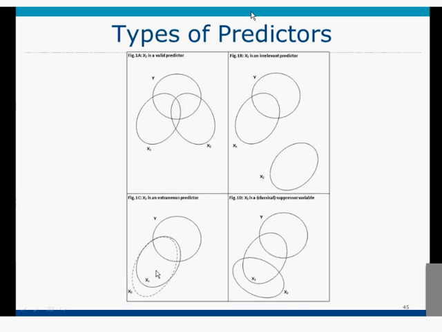So x1 has less irrelevant variance than x2, but predicts y1. And x2 does not predict any part of y1. Y is not predicted also by x1. So x2, the true regression coefficient, would be 0.